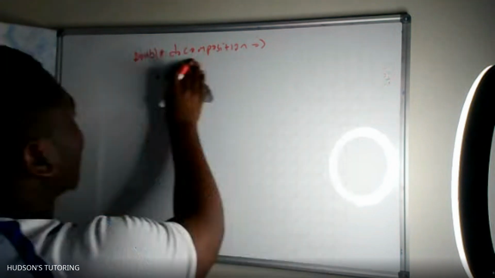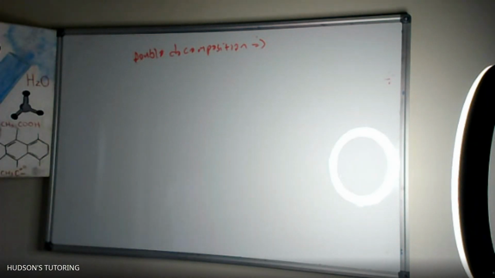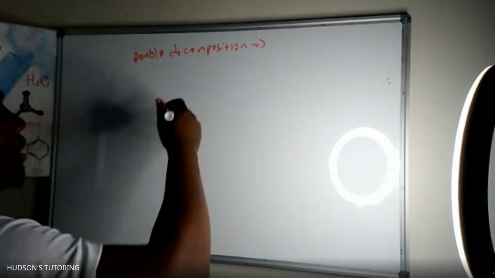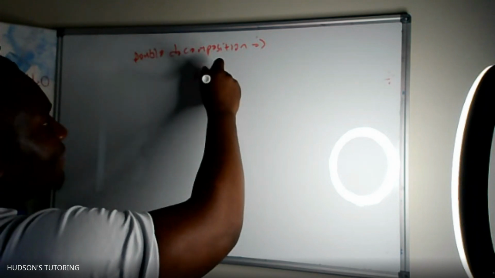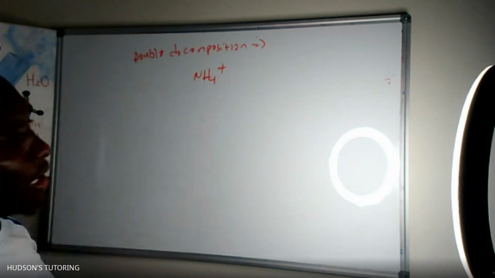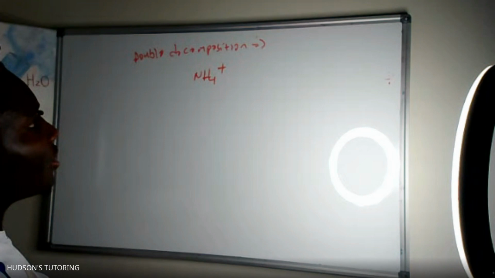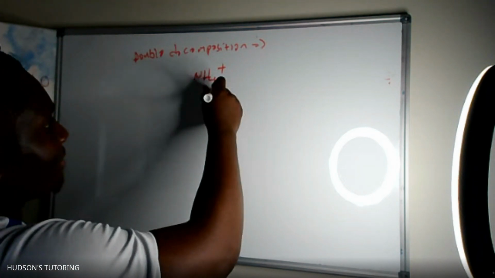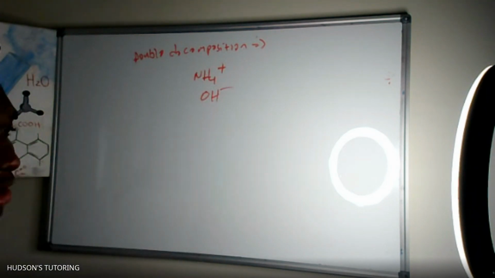We have what are known as radicals. Radicals are charged species, you don't need to know the definition, formed from the combination of 2 or more atoms. For example, we have monovalent radicals, like NH4+ and OH minus, which is the hydroxide radical.